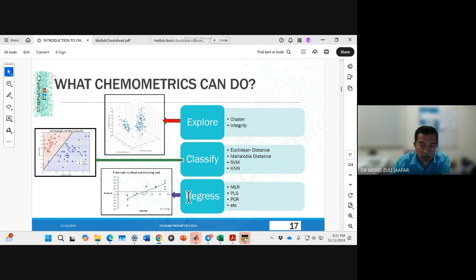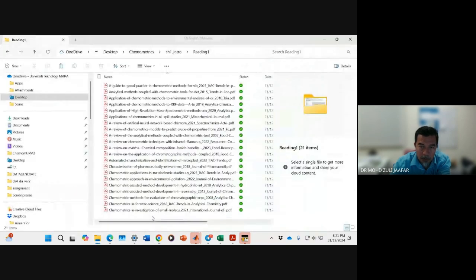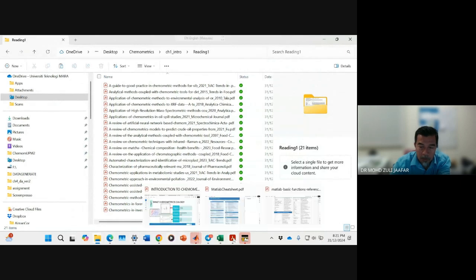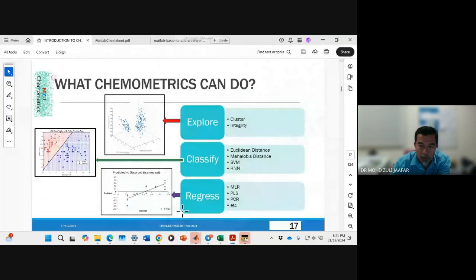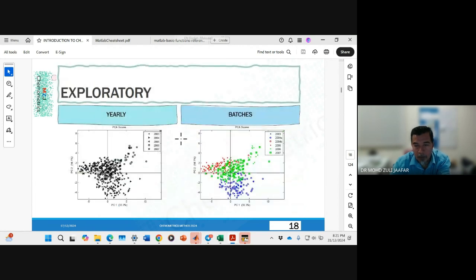In order for you to do regression, there are a lot number of methods as well, but in chemometrics, normally we will do MLR, PLS, and PCR. For further reading, you can look at my reading folder here, or you can explore yourself by using AI what chemometrics can do in regression.